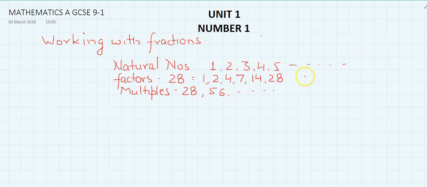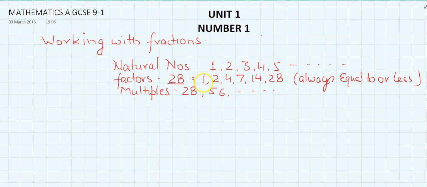You should remember that factors are always equal to or less than the number.